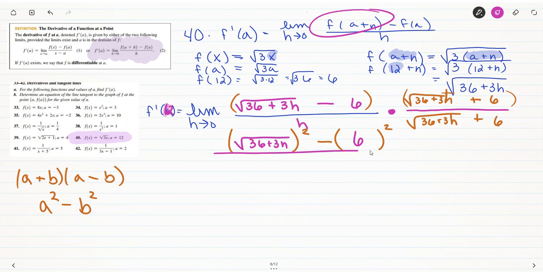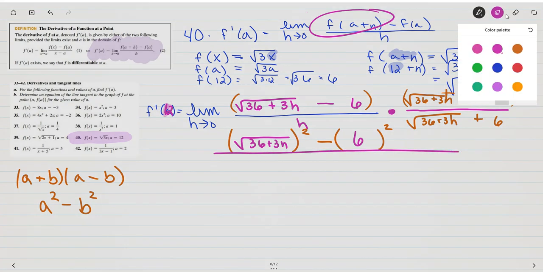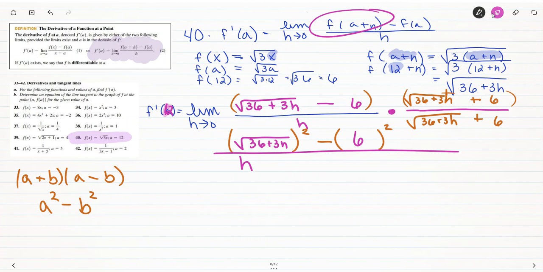And this is now going to all be over h times the square root of 36 plus 3h plus 6.